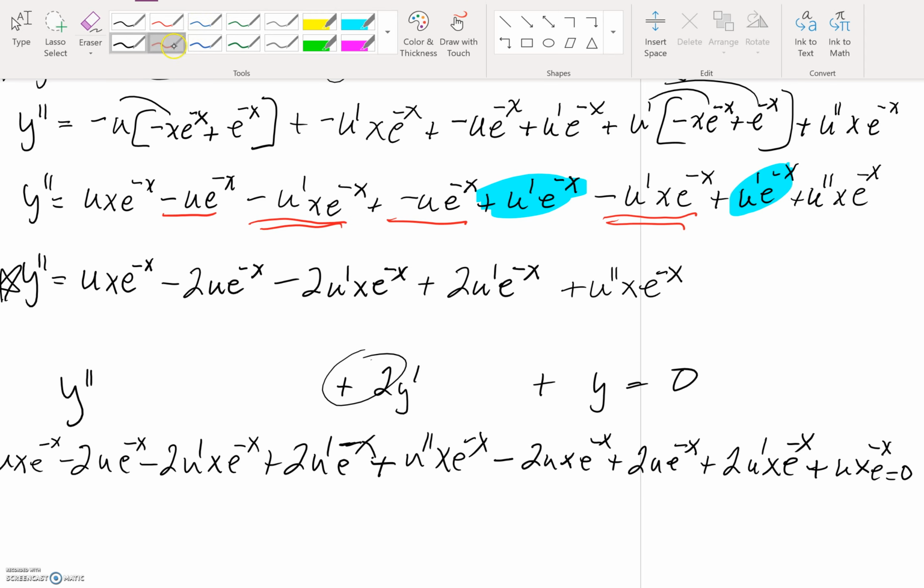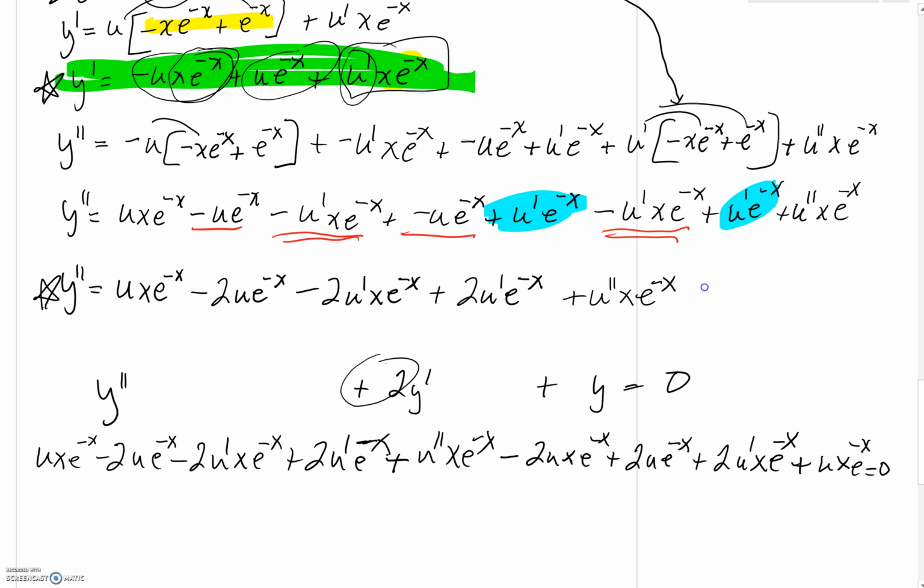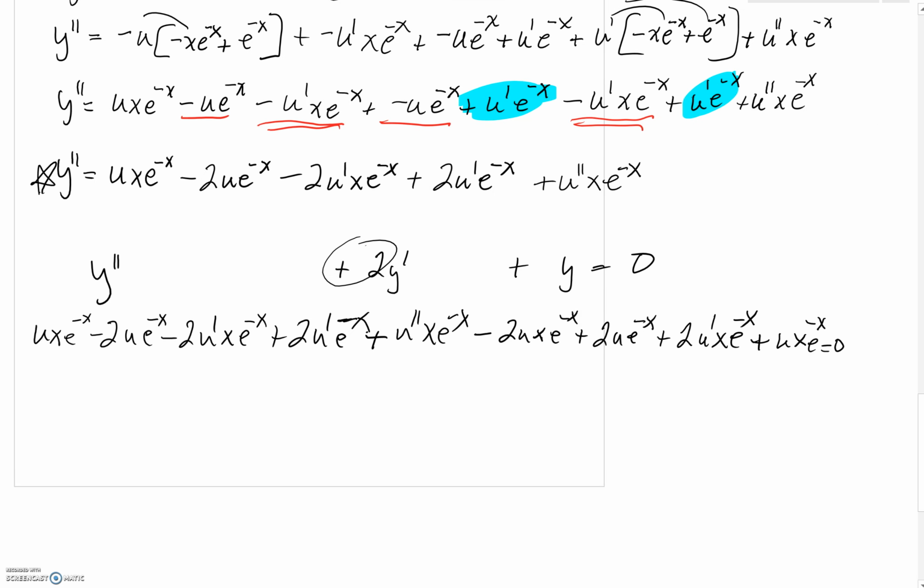Well, this just looks crazy, and sometimes you're going to get this. You're going to see things that just get excessively messy. Here's the good news. You look to see what you can cancel out. First term here, ux e to the negative x is going to cancel with this one right here. You can see I've got a negative 2u e to the negative x.